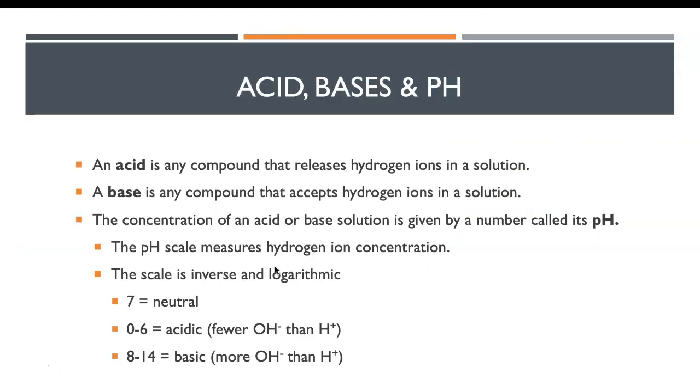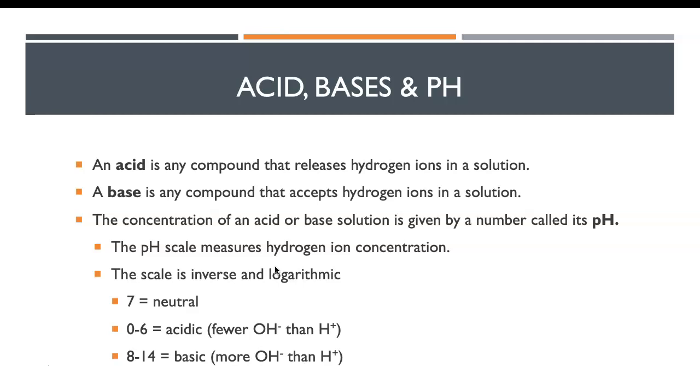So a quick review of acids, bases and pH. An acid is any compound that releases hydrogen ions, and a base accepts the ions. The concentration of acid or base is given by a number called its pH.